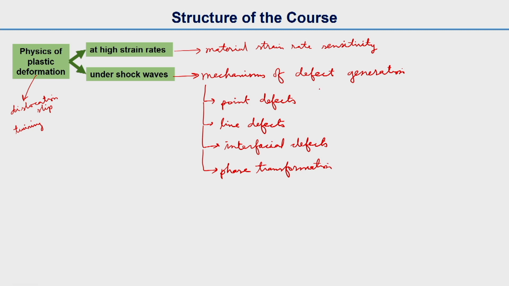Point defects, as you know, are interstitials and vacancies; line defects are dislocations; and interfacial defects involve twins and stacking faults.